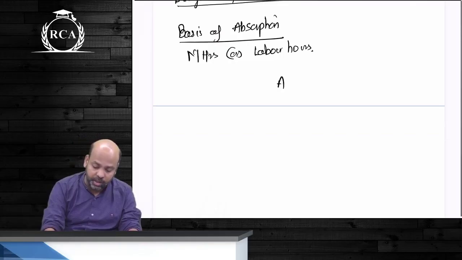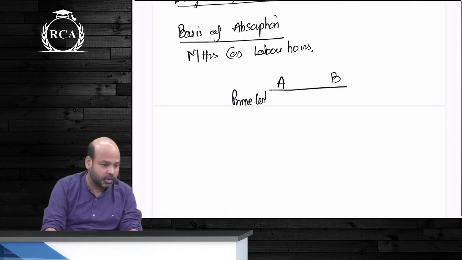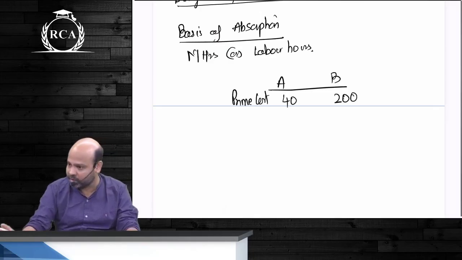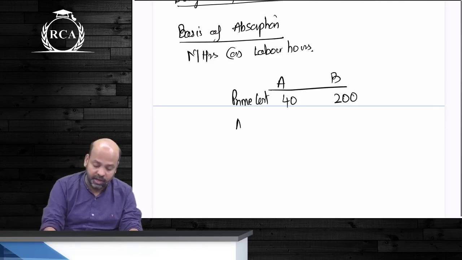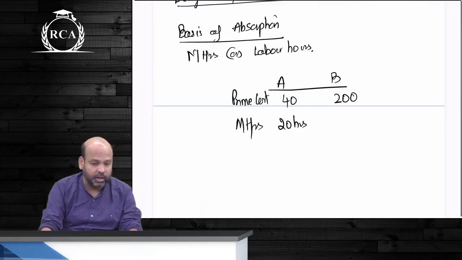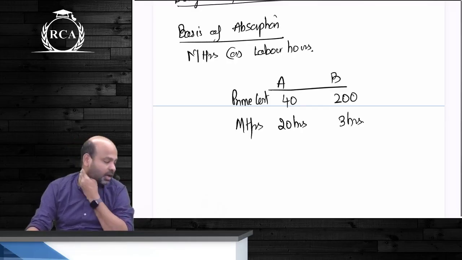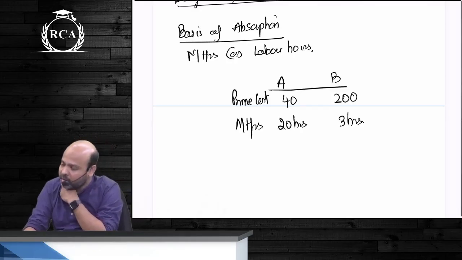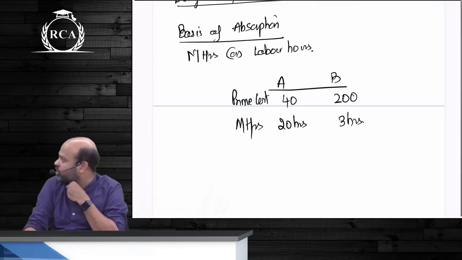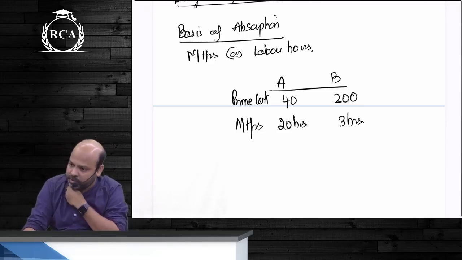There's a possibility, beta, that there are two products. The prime cost, everyone knows what is prime cost. The prime cost of product A is 40 rupees. The prime cost of product B is 200 as an example. But let's say, guys, that the first product needs 20 hours on machine. The second product needs only 3 hours on machine. If you're working for 20 hours on product A and 3 hours on product B, guys, irrespective of their prime cost, which product should be given a higher share of overheads?